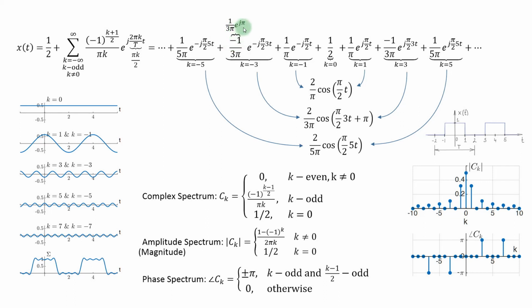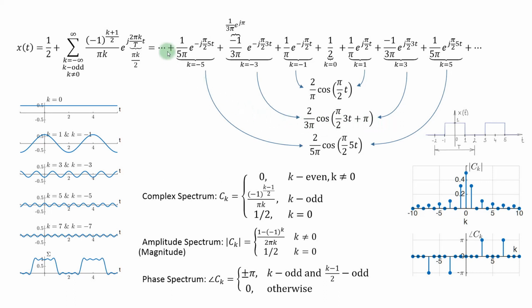This e to the j pi is equal to -1, and that is what will create this minus here. The same thing can actually be done here, so when you combine this entire complex exponential and this entire complex exponential, you will actually get this cosine. This cosine I have plotted here. Here you can actually see that phase shift by pi, this phase shift.